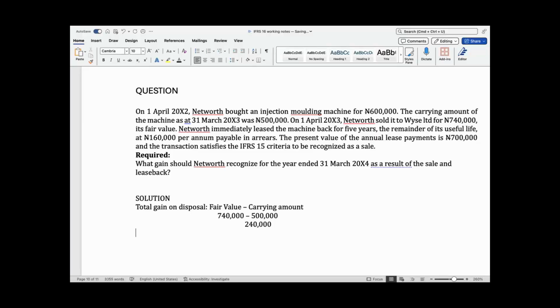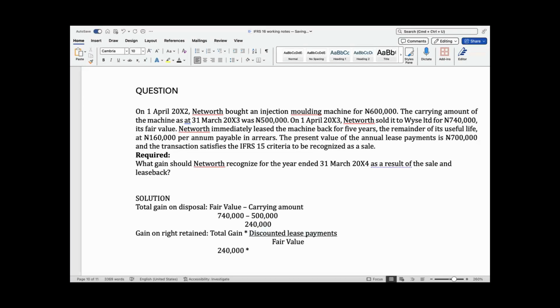Now, since he leased this asset back, he cannot recognize this total gain to P&L. We need to take away gain on rights retained, which is the total gain times the discounted lease payments divided by fair value. The total gain is 240.